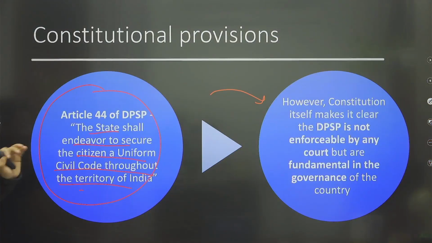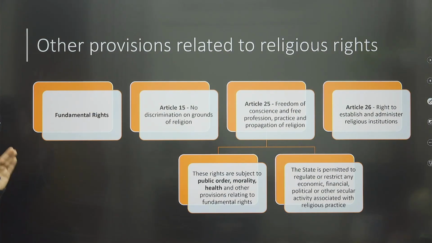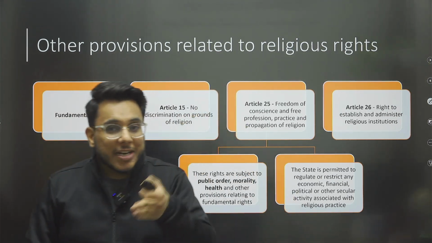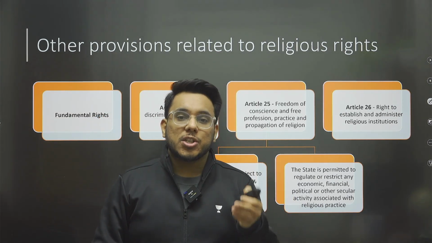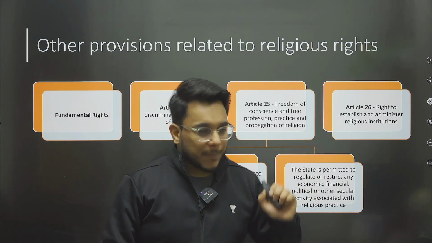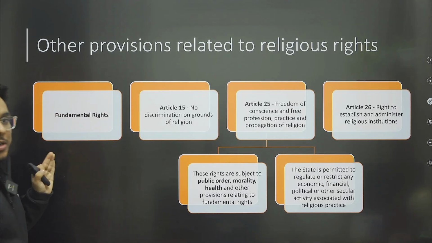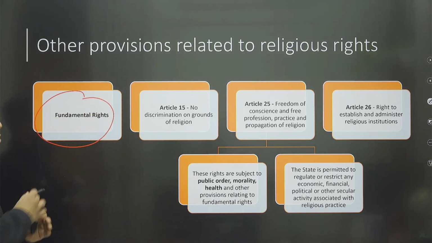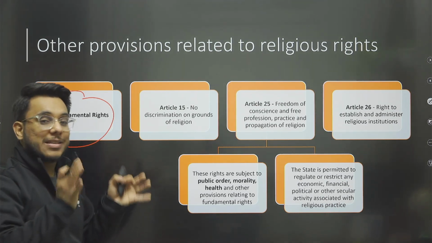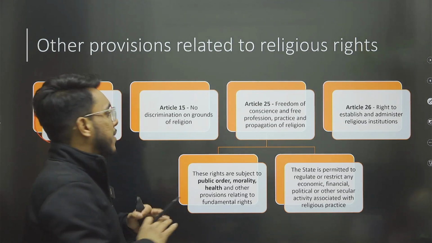Now, as we are discussing the UCC, which provides that communities can have their own personal laws, why is that? Because this matter is related to religion, and for religion we have given a lot of rights to the people of India. Basically, we have given fundamental rights on religion. The fundamental right to equality, Article 15, specifically provides that on the basis of religion no discrimination can be there.